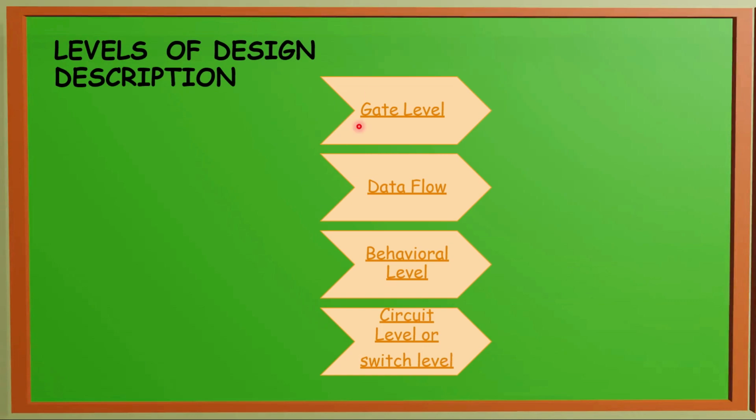Another level is the gate level, where we can directly use gates as primitives, which are already defined in the libraries of Verilog and VHDL, and we can program the sequence of our desired design. Then apart from that, we have the data flow and behavioral levels.